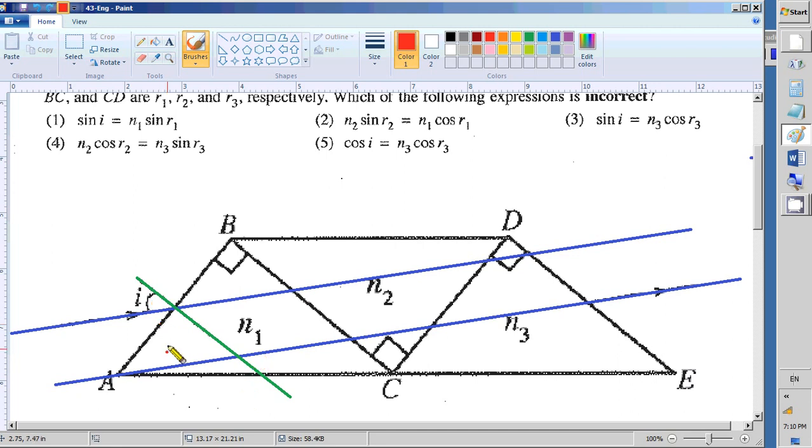Again, this angle is I, it is given. This angle also must be the same, because these lines are parallel. In front of this angle, this one is also I. Now we know this angle is I.